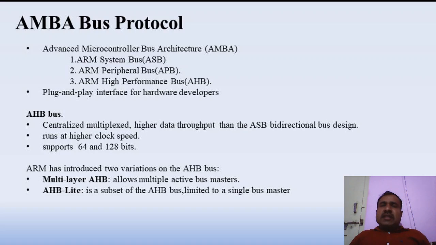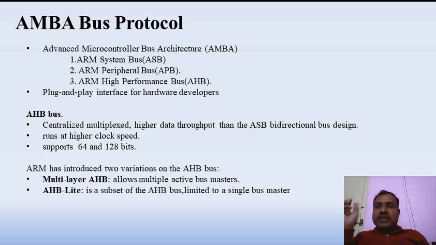With this AMBA bus, we can have a plug and play feature. Plug and play means any peripheral can simply be bolted onto that bus without having to redesign it. With this feature, we can just put any peripheral onto the bus.